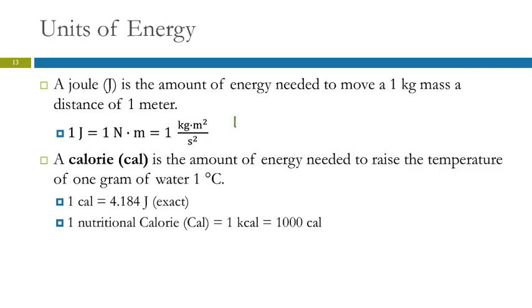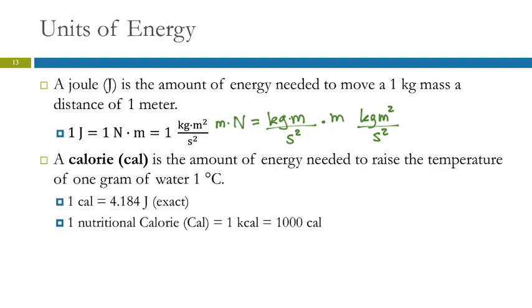So a Newton is equal to a kilogram meter per second squared. Meters per second squared, if I remember correctly, is acceleration times a mass, and that's a force. And so when we take that and we multiply it by meter, so that we get meter times Newton, then we get kilogram meters squared per second squared.